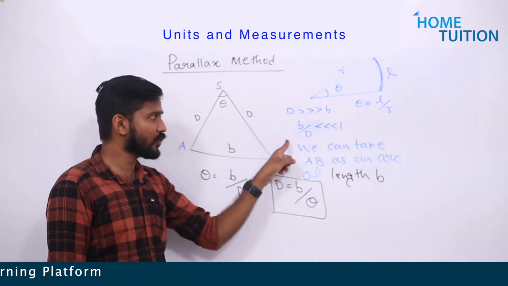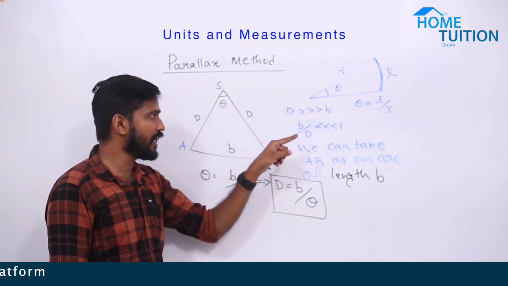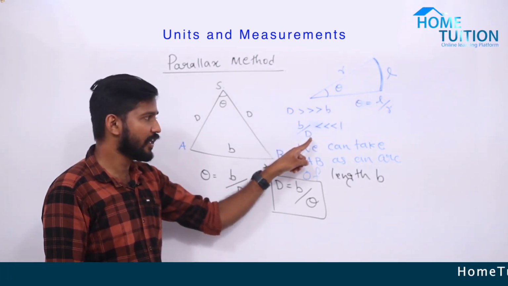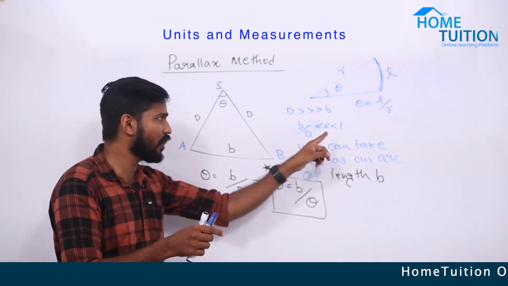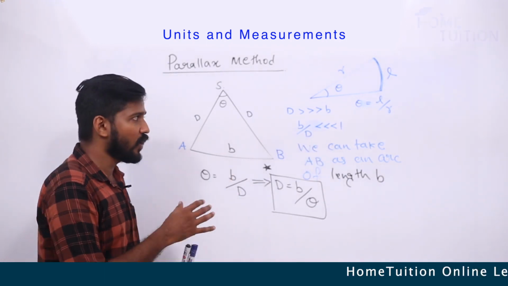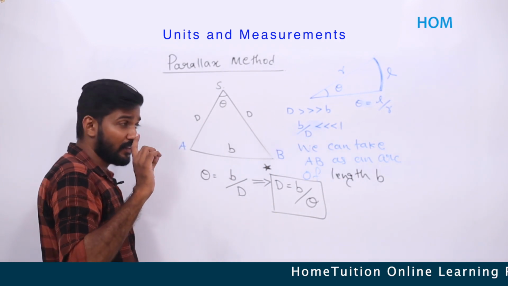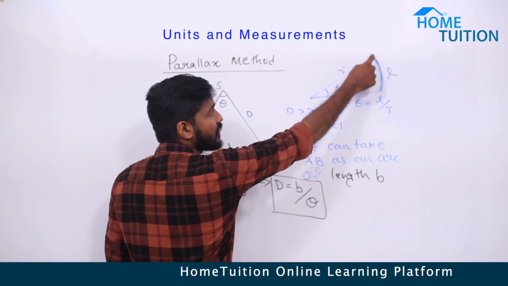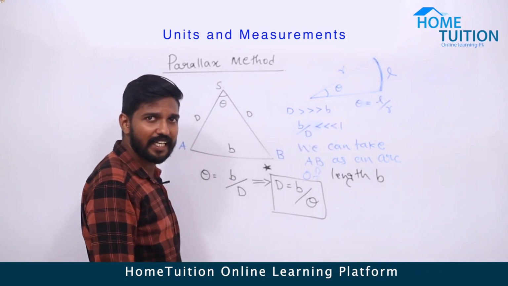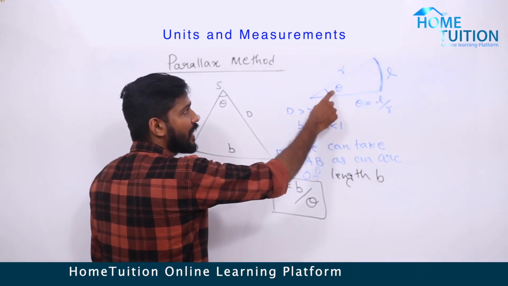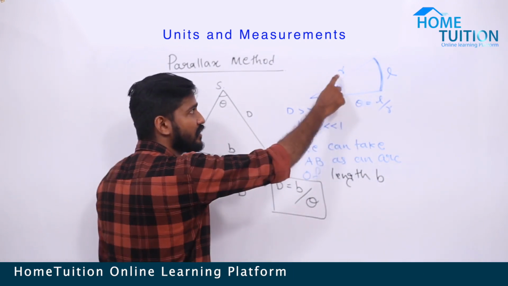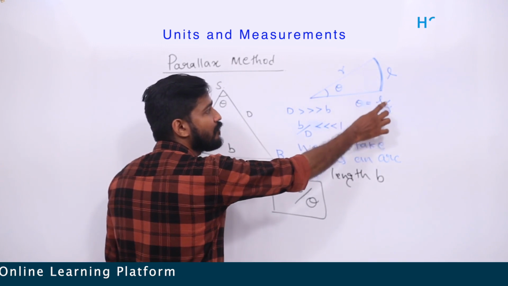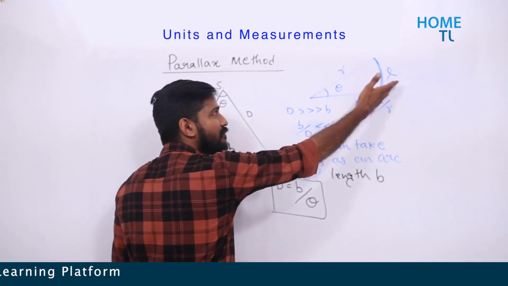So the ratio b by D, the numerator is much less than the denominator, so the number will be very much less than 1. We already have an equation: for an arc of length L there will be an angle theta, and R will be the radius, and theta will be L by R, arc length by radius.